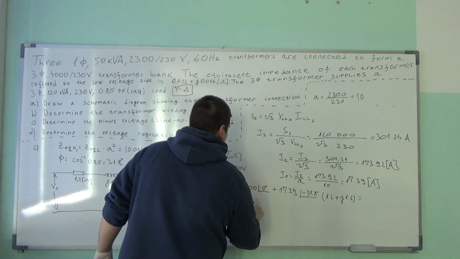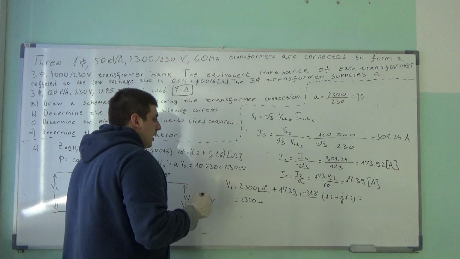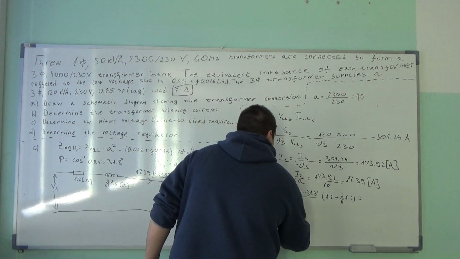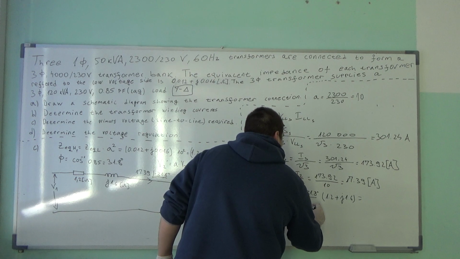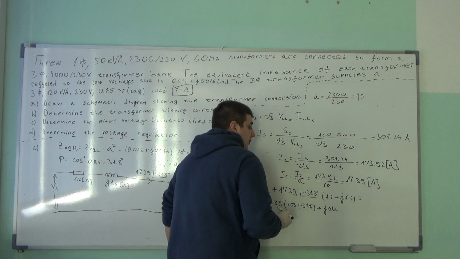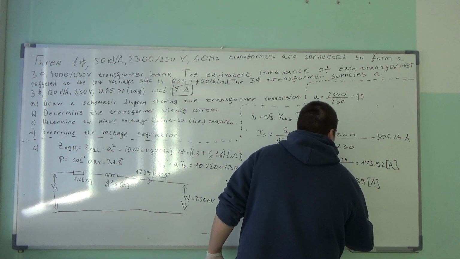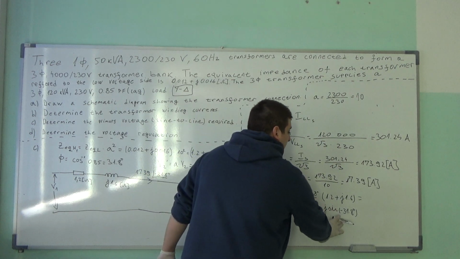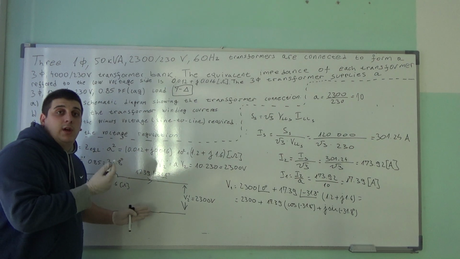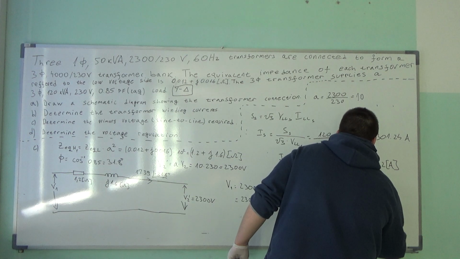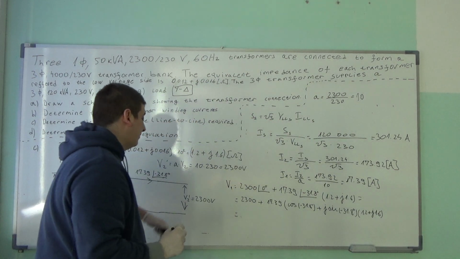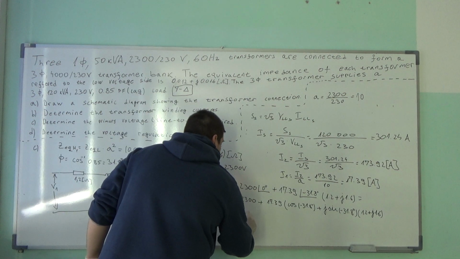So this is equal to 2300 plus 17.39, and in brackets I'm going to write cosine of minus 31.8 degrees plus imaginary number times the sine of minus 31.8 degrees, and I'm going to multiply all this with the impedance of the transformer referred to the high voltage side.